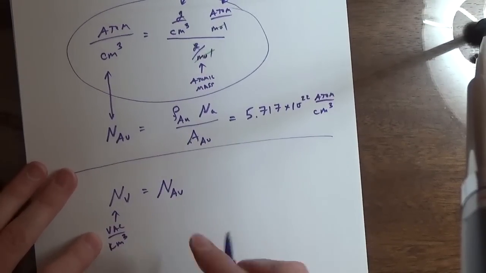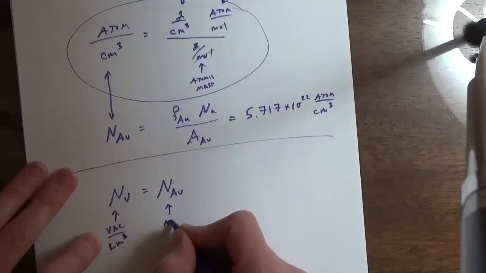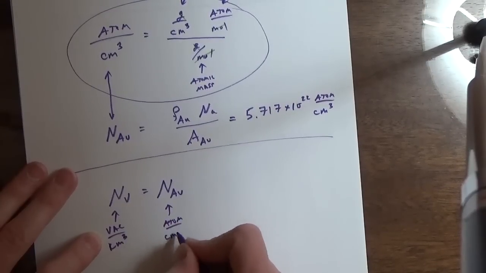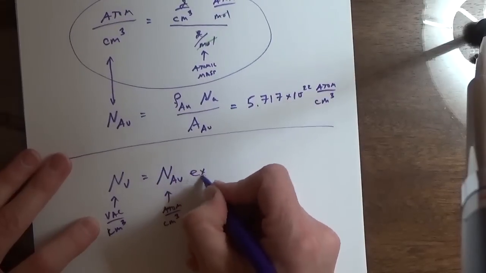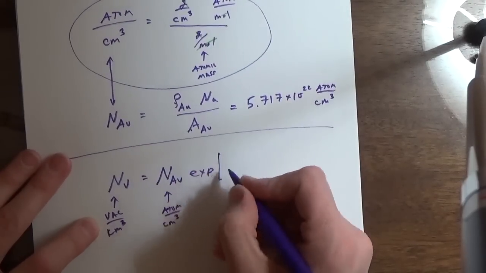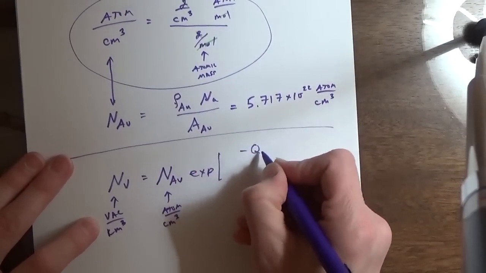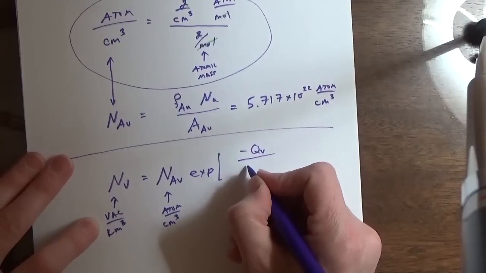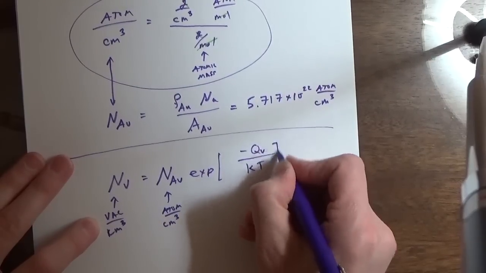This is the number of vacancies per cubic centimeter, this is the number of atoms per cubic centimeter. This is exponential of negative QV over KT.